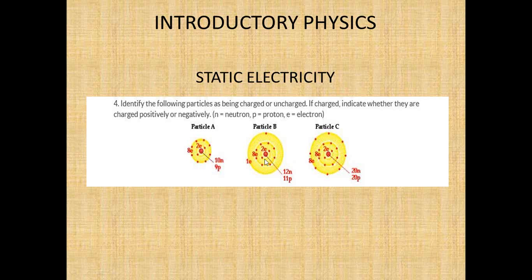And then particle B, in the nucleus, you have 11 protons and 12 neutrons. Electrons, in the inner shell you have 8 electrons, and in the outer shell you have 1, so a total of 9 electrons.